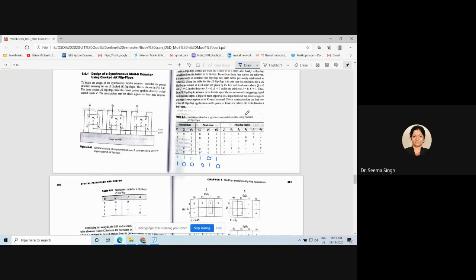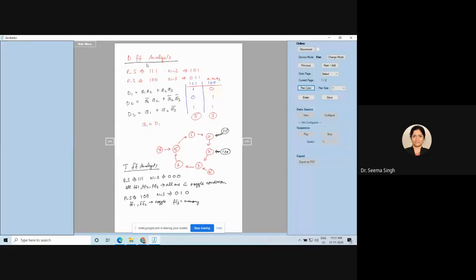You will have to keep this as it is, and then do the analysis, what I have shown here, to see whether it is self-correcting or not. And once you see that it is self-correcting, you will have to draw your diagram in such a fashion to show that it is self-correcting and from which state it is going to which state for its correction.